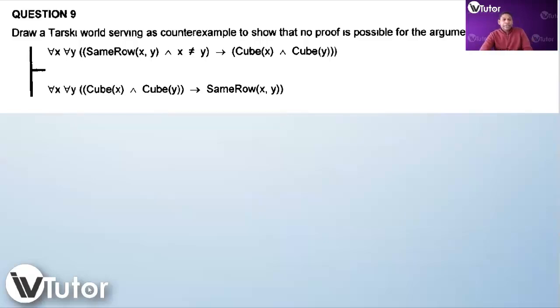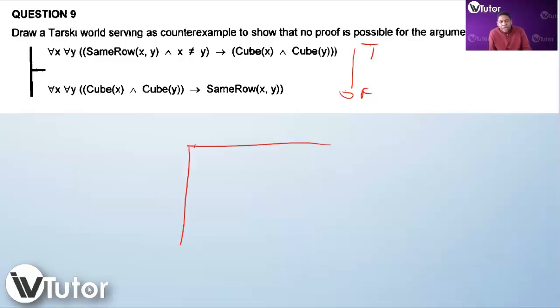So we have something like this: draw a task world serving as a counterexample to show that there's no proof of the argument. If you want to show that it is not valid, you want to draw a world where the premises are true, but the conclusion is false.